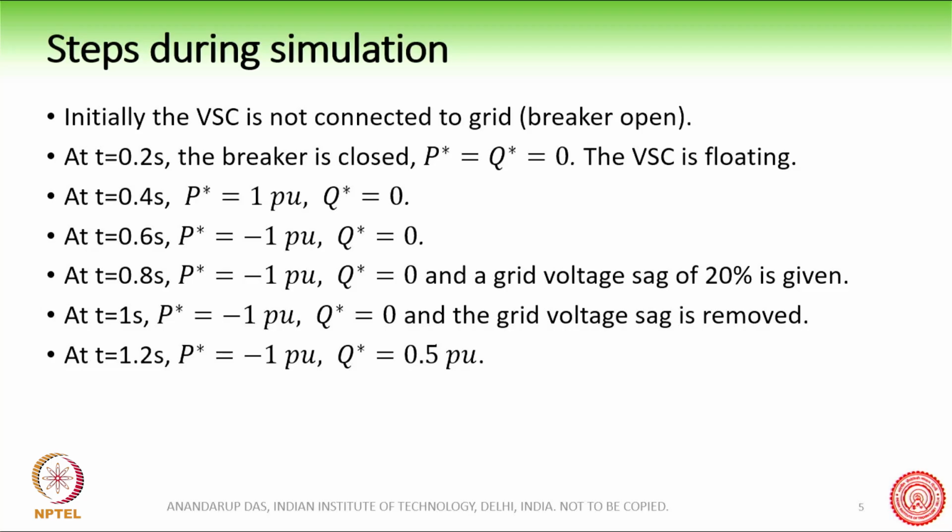And in between there is a breaker, and that breaker is initially open. We will start the VSC, and it will be initially in open loop. During this time the PLL of the VSC gets synchronized with the grid voltage. So we give time for that PLL to get synchronized.